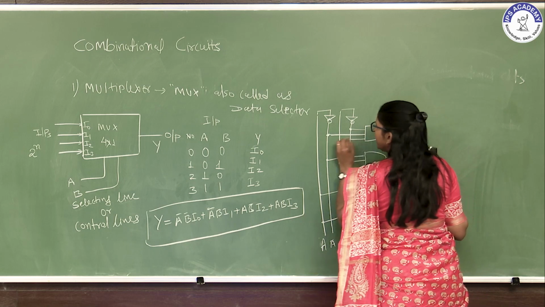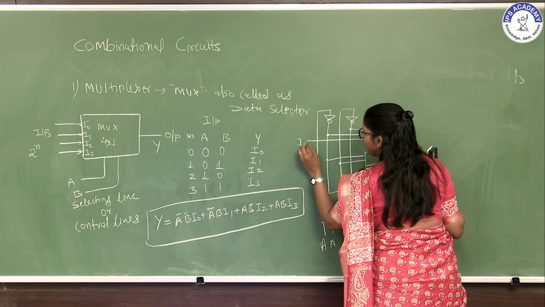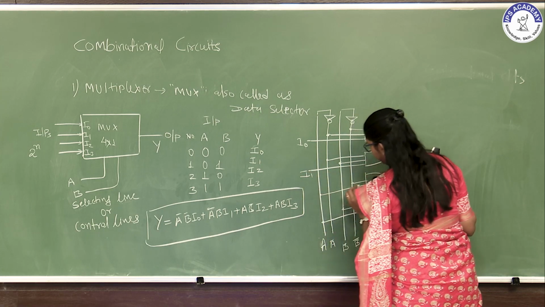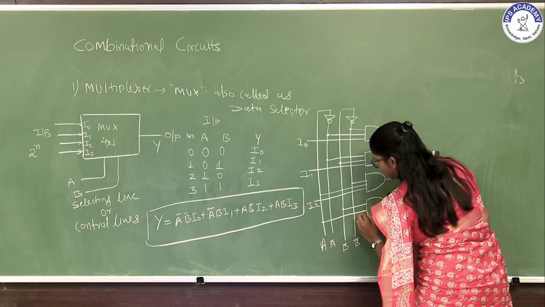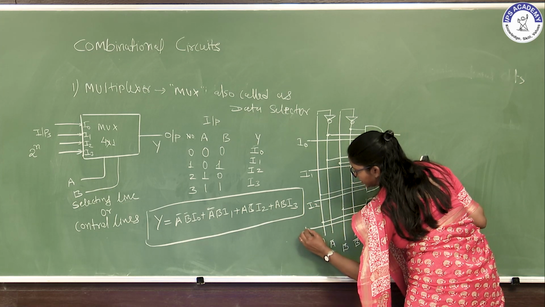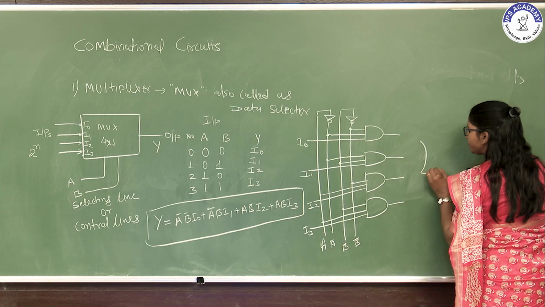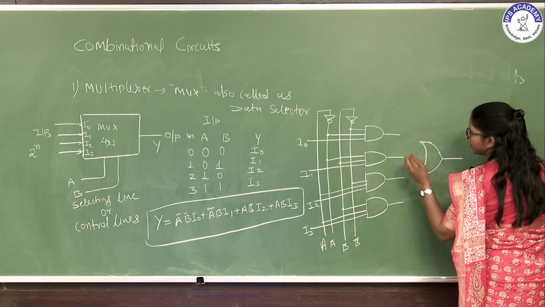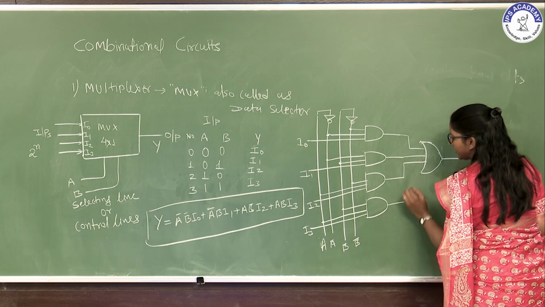And here we give the inputs I0, I1, I2 and I3. So, here we got the output. Here we will use one OR gate to get the single output.